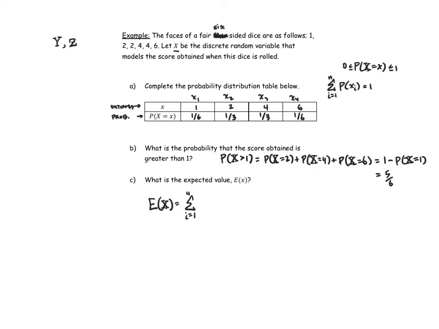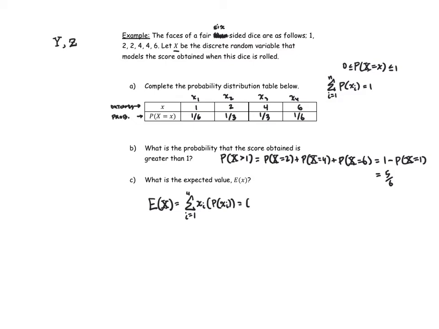What we're going to do is we're going to take each of the possible outcome values and multiply it by their probabilities. And we're going to add all those up. That's what the expected value is. So what does that mean? That means we're going to take x sub 1 times the probability that x equals x sub 1.